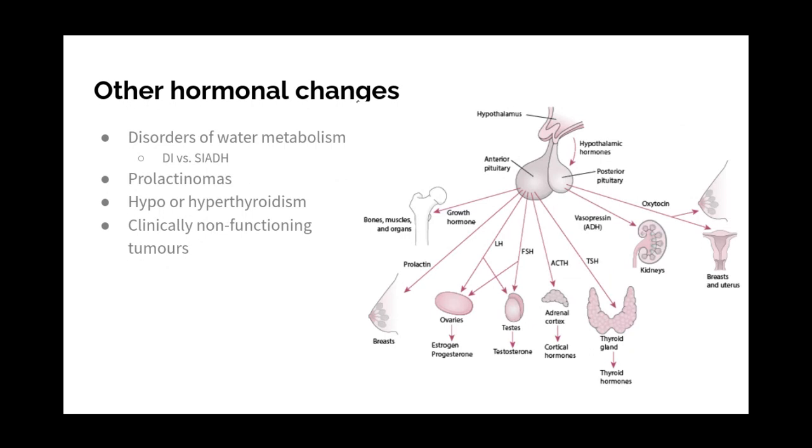I won't go into too much detail, but basically disorders of water metabolism are common, prolactinomas, either excessive or not enough thyroid hormone production, and other clinically non-functioning tumors, but that may have anatomical considerations such as visual field defects and so on. So all of these are important considerations in this patient population.